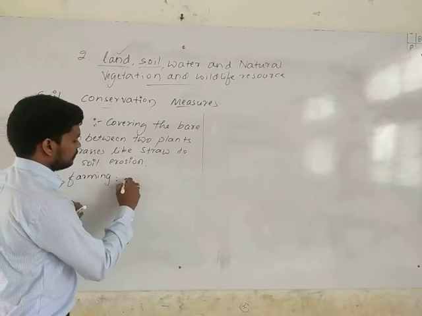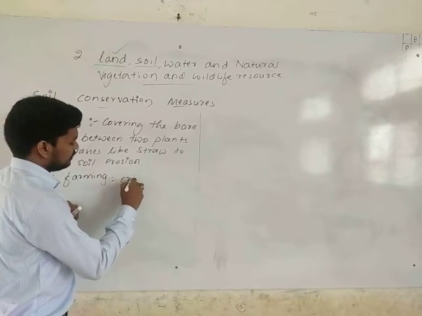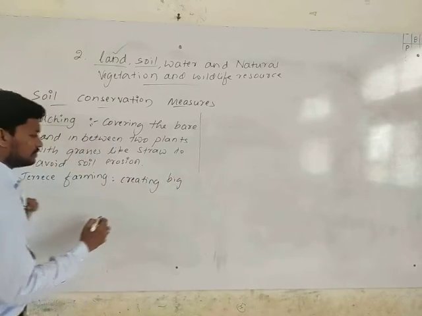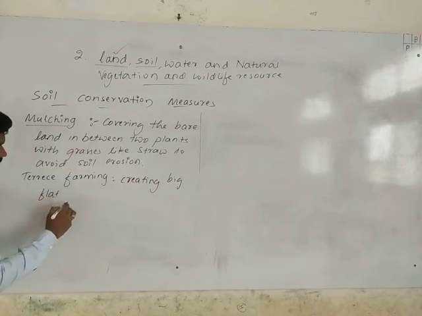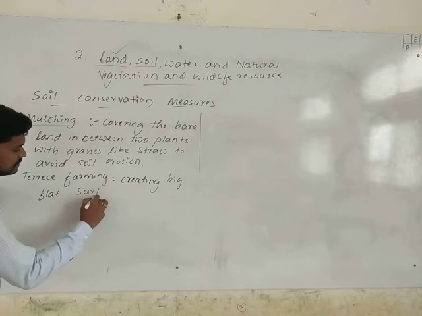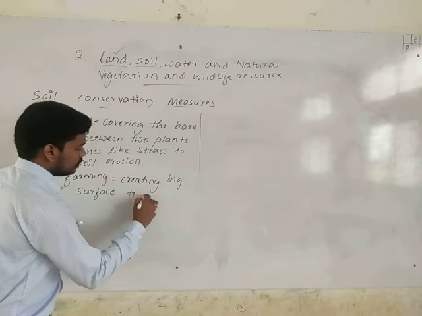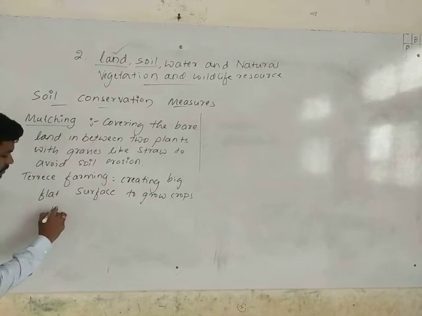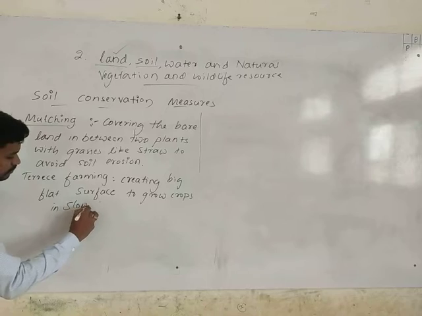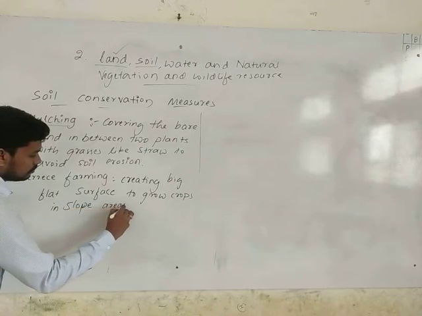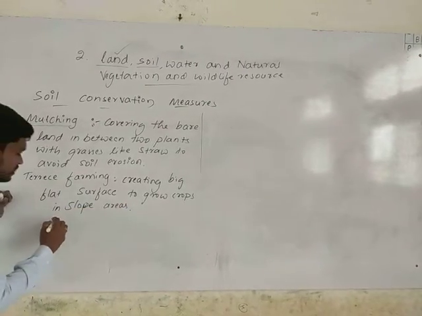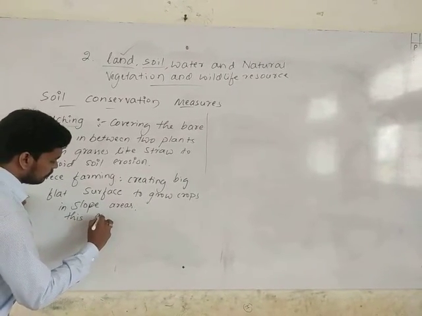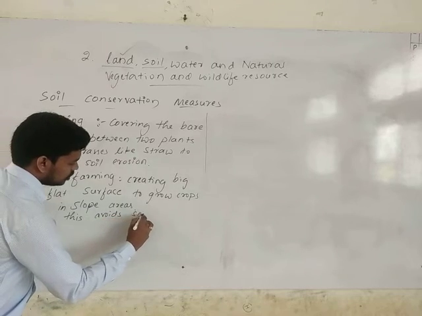Like creating a big or broader flat surface to grow crops on a slope, to avoid soil erosion.